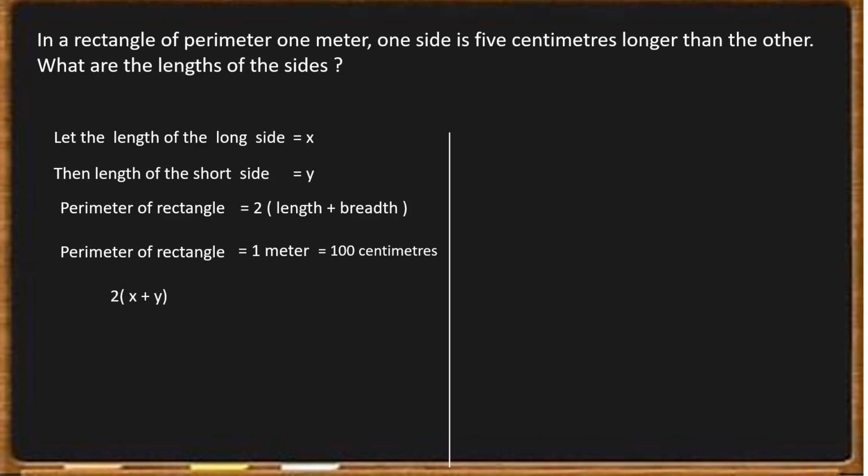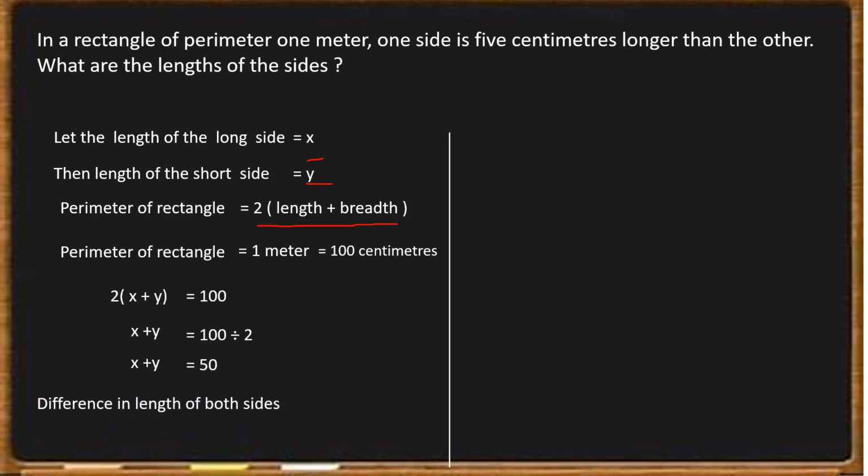And so 2 times x plus y gives 100. Why? We know the perimeter is 2 into length plus breadth. Here length is x and breadth is y, and so we can replace length and breadth with x and y. So we get 2 into x plus y is 100, and so x plus y is 100 divided by 2, which is 50.